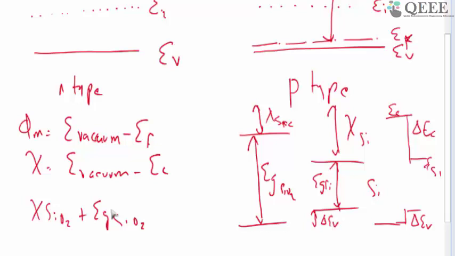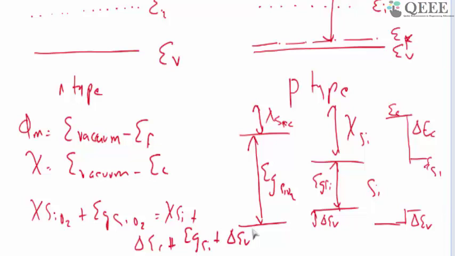So chi of SiO2 plus Eg of SiO2 should be equal to chi of silicon plus delta EC plus Eg of silicon plus delta EV. Essentially you are adding up all the energies. So chi of SiO2 plus Eg of SiO2 should be equal to chi of silicon plus delta EC, that's the conduction band discontinuity, plus the band gap of the silicon here plus delta EV.